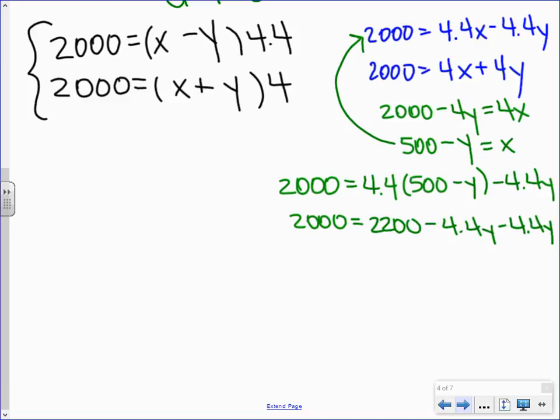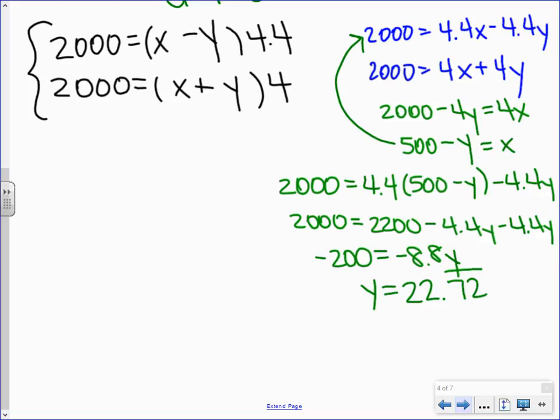So if we subtract that over, we have negative 200 equals negative 8.8y. What is y? 22.727272. Like that? So we have found y.